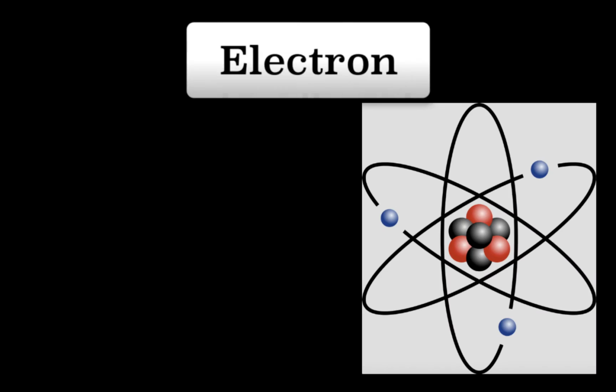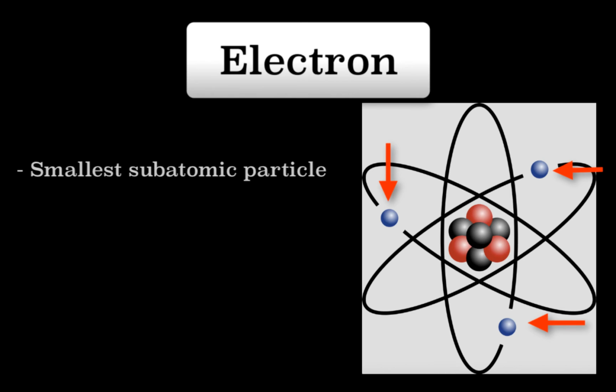The electron is by far the smallest and least massive of the subatomic particles. In fact, any single proton or neutron is almost 2,000 times bigger than an electron. These things are really, really tiny, even on the scale of super tiny things.